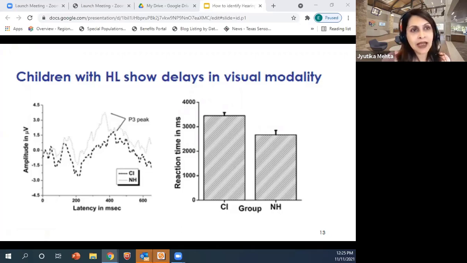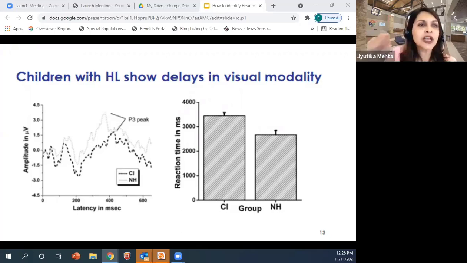They have had experience. They have had auditory information in their brains, and they have had educational experiences and so on. In spite of that, they are still delayed about 1,000 milliseconds. The same information is represented in a graphical format. It's latency in milliseconds on the x-axis on the first panel, and the amplitude, how much their neurons are firing.